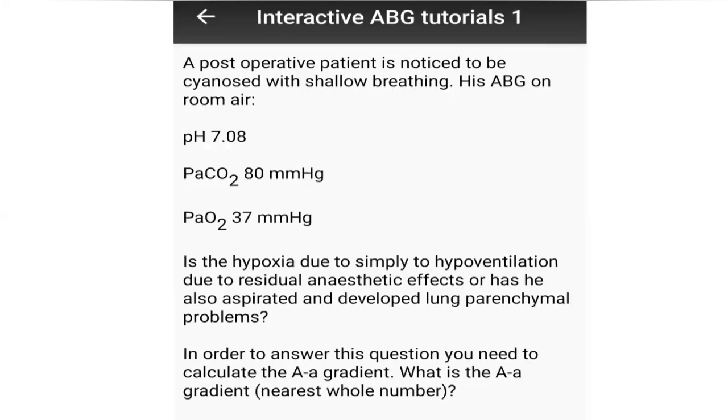Now let's do it. A post-operative patient is noticed to be cyanosed with shallow breathing. This is the pH, this is the CO2, which clearly shows this, and this is the PO2. It looks like the patient has hypoxemia and respiratory acidosis. Because we're doing the respiratory component, our focus will be more on hypoxemia and causes of hypoxia.